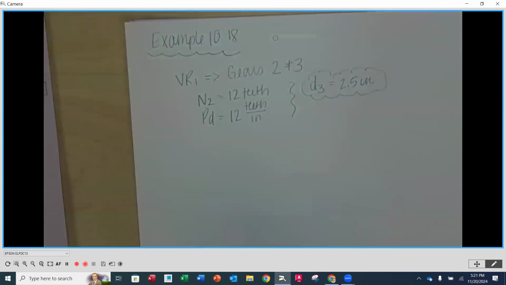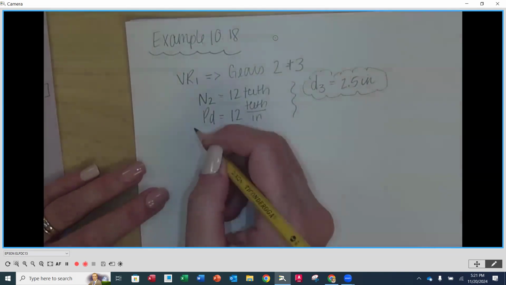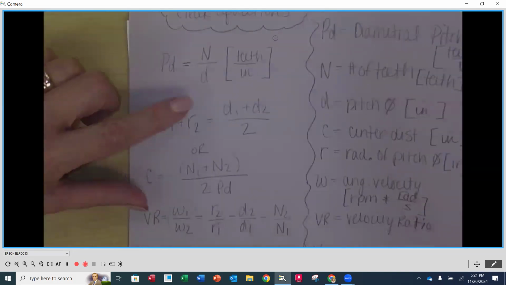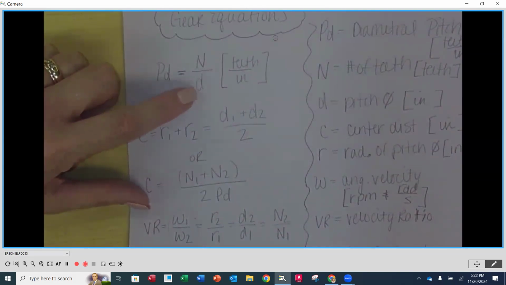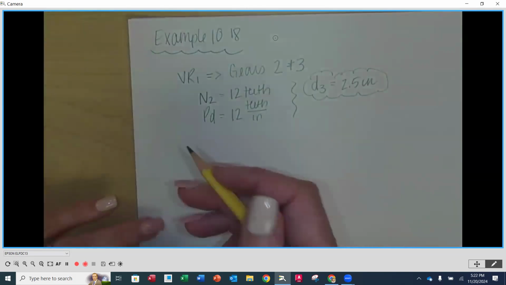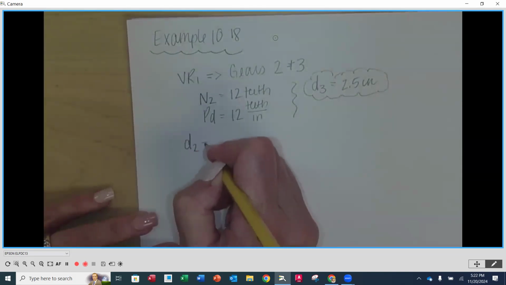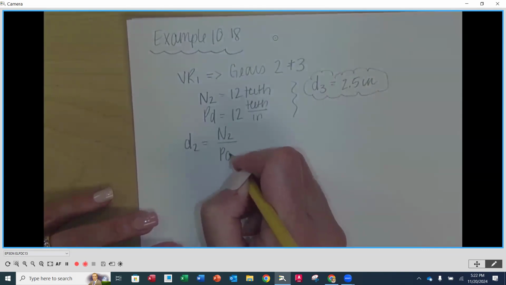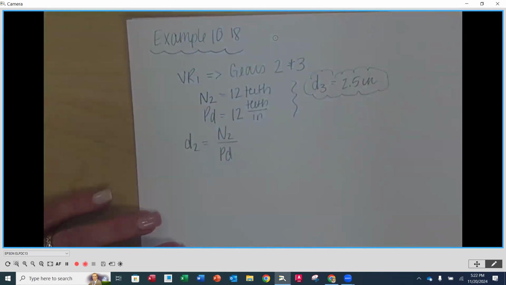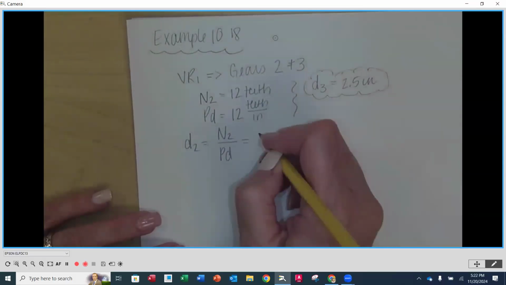So let's, using that equation, solve for the pitch diameter for gear number 2. I'm going to write it in the form D2 is going to be equal to the number of teeth on 2 divided by the diametral pitch. Okay, it's just taking that equation and rearranging. And now I'm going to put my values in.